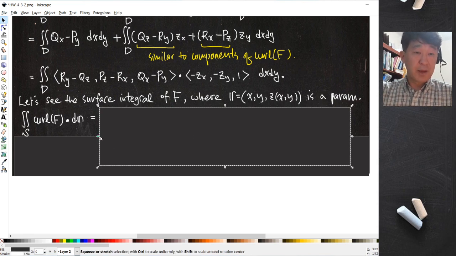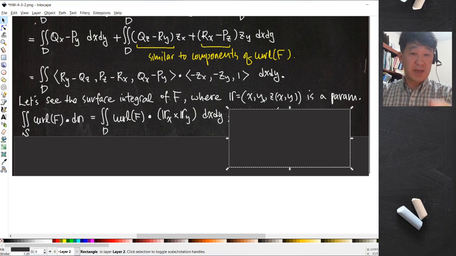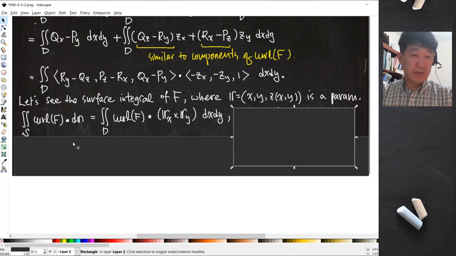Because of that, our parameterization, as written here, has x and y as the main variables, and the third one is a function of x and y. And if it is like a major portion of a sphere, as you can see, you can't do that. You have to split it up. So that's how I do it.